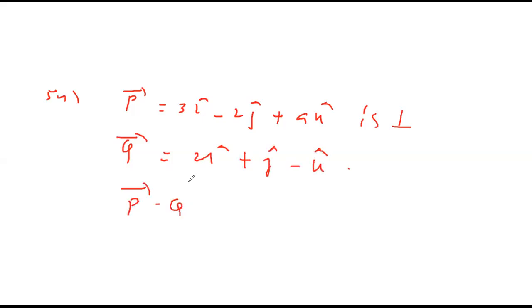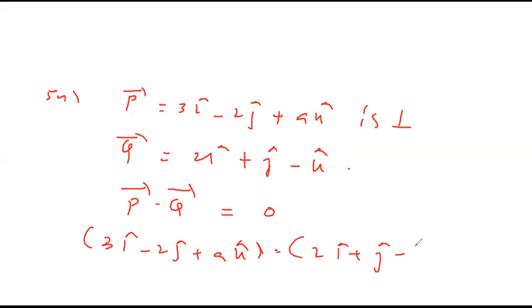Perpendicular means dot product is 0. So 3i minus 2j plus ak cap dot 2i plus j minus k cap is 0.